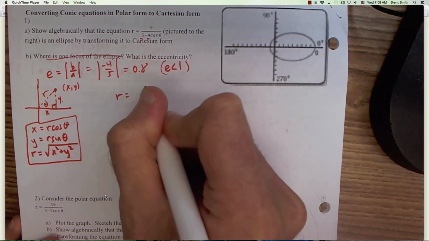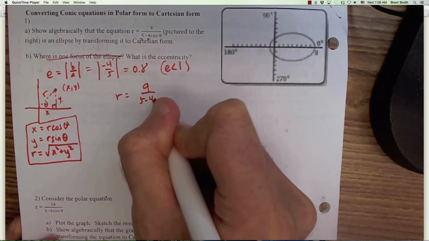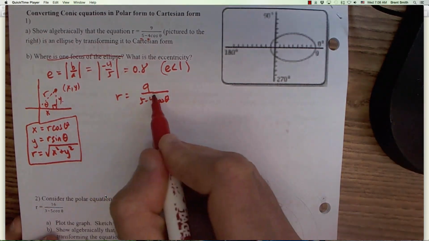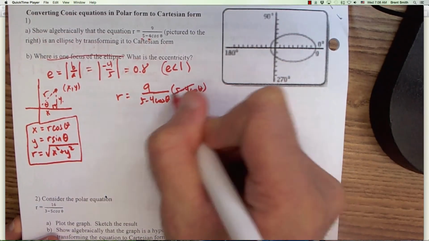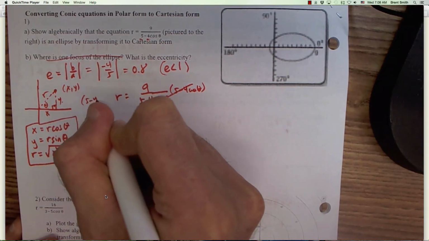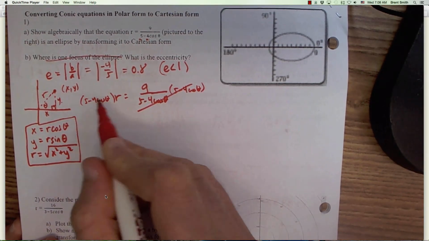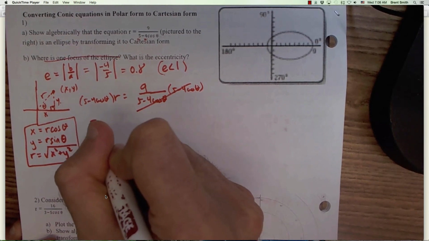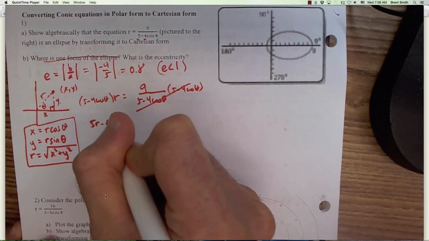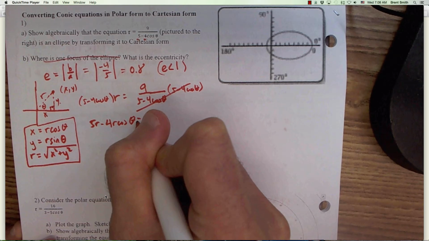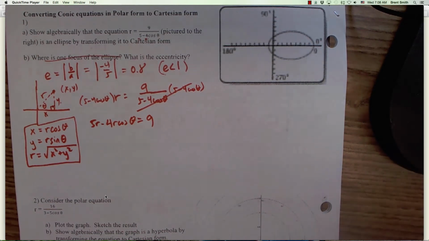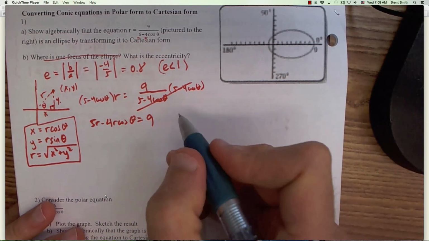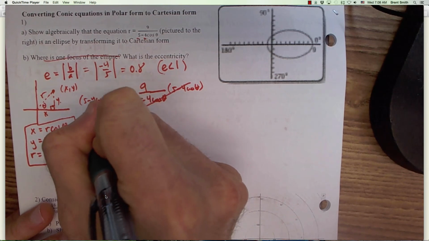So r equals 9 over 5 minus 4 cosine theta. I'm going to multiply both sides by 5 minus 4 cosine theta. I'm going to distribute the r, so we get 5r minus 4r cosine theta equals 9. Okay, so what we see here is that we have exactly the type of things that we were looking to substitute for before.